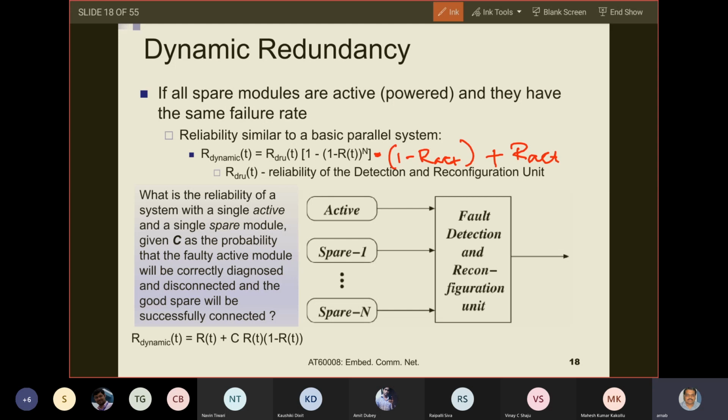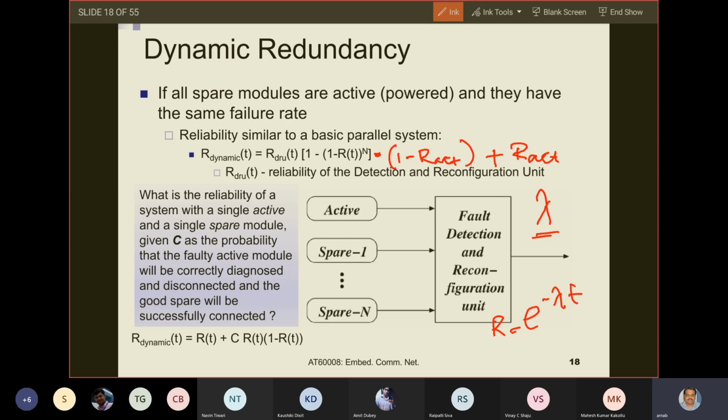I am just trying to say how you can look at it in a different way as well, when lambda is known to be a constant, with the constant failure rate of the modules. So e to the power minus lambda t is the reliability of the system.